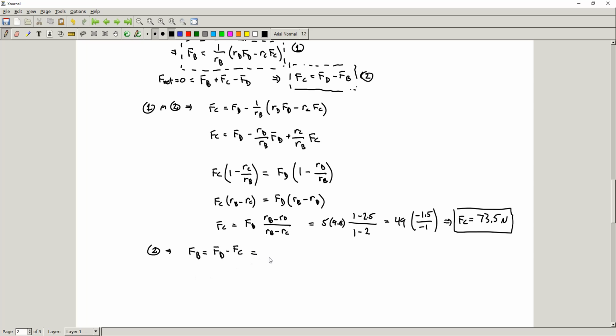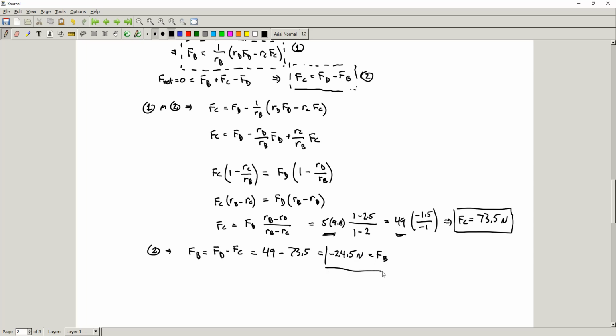And we can solve that right away. We know that FD, again, this is just our force of gravity, which we kind of solved for here. So that's going to be 49 minus the 73.5. And if we do that calculation, we're going to find that we have minus 24.5 newtons. Okay, so that's our FB.